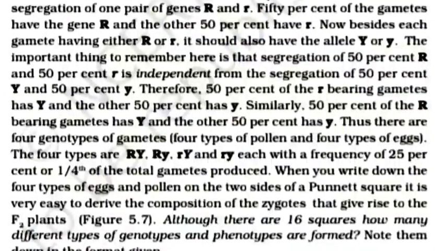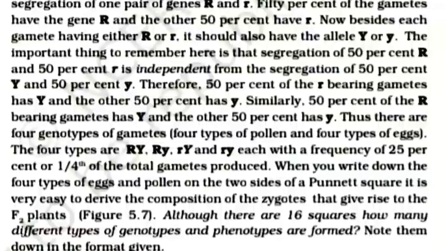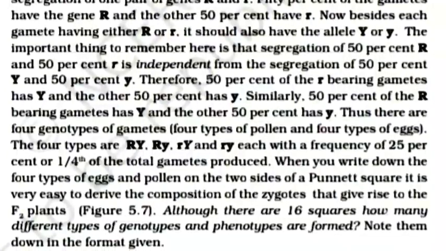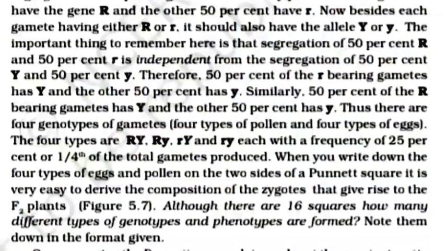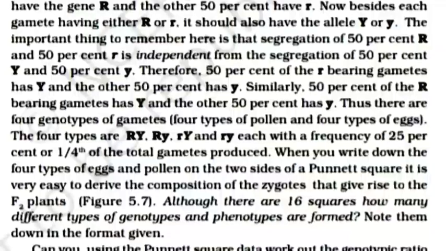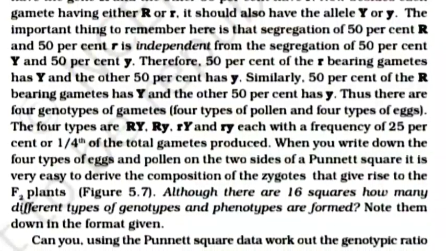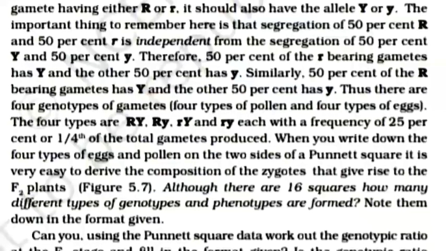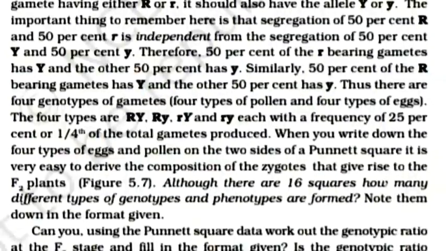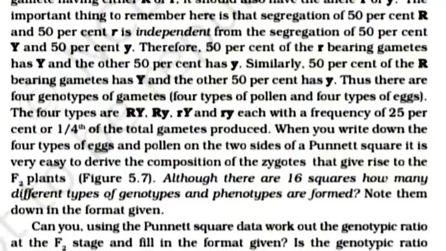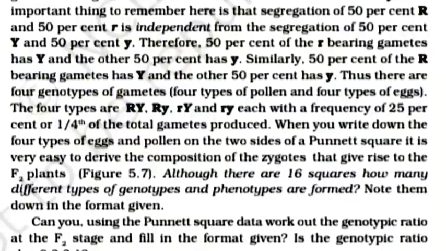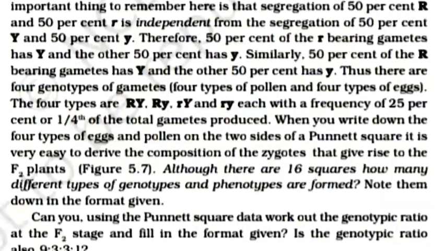Therefore, 50% of small r bearing gametes have capital Y and the other 50% have small y. Similarly, 50% of capital R bearing gametes have capital Y and the other 50% have small y.